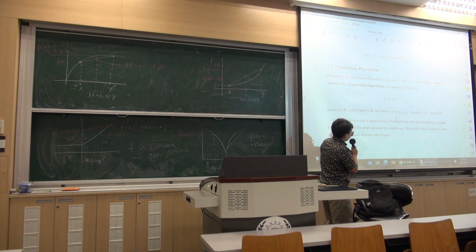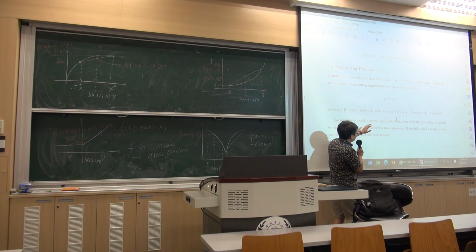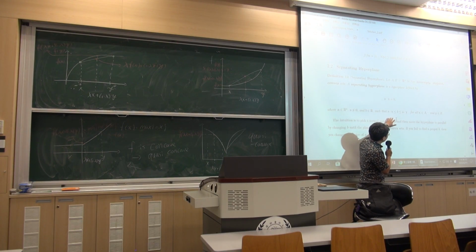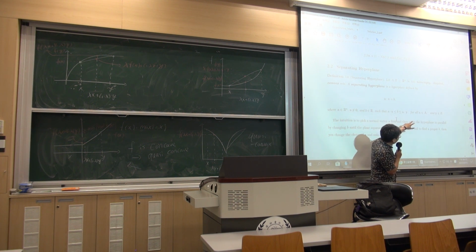And how do you know that plane separates these two sets? It has to satisfy this. When you put all the points in set A into this equation, on the left-hand side here, you will figure out that the number you get is smaller than b.